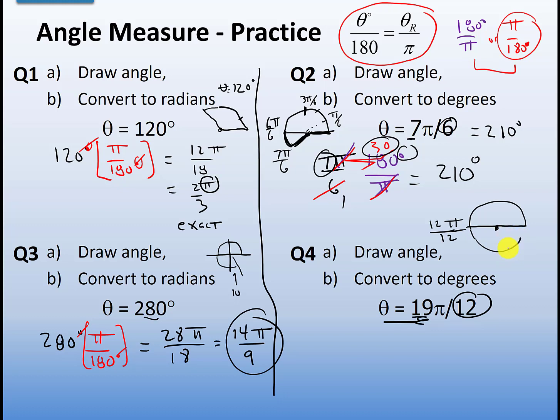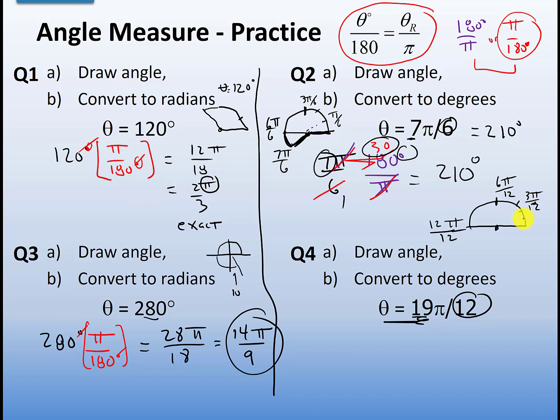I don't know. So I'm going to back up a little bit and look at some smaller values here, like halfway. From 12, that would make this 6 pi over 12. And that would make this 3 pi over 12, and I'd have to cut that 3 pi down into 3 more slices. 1, 2.